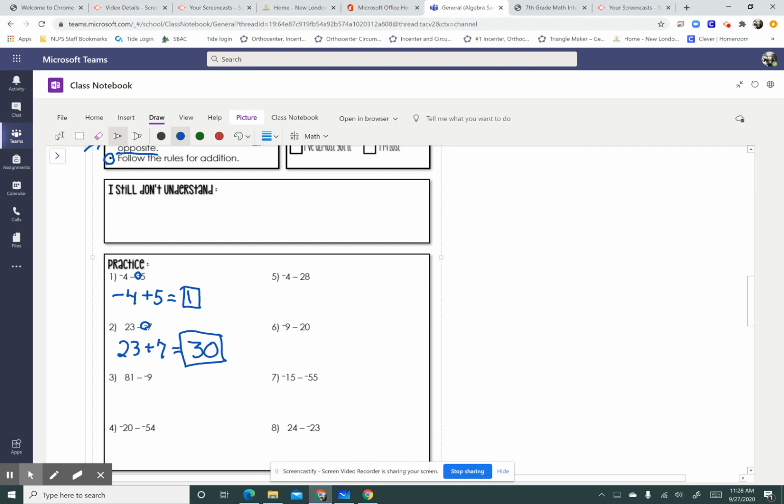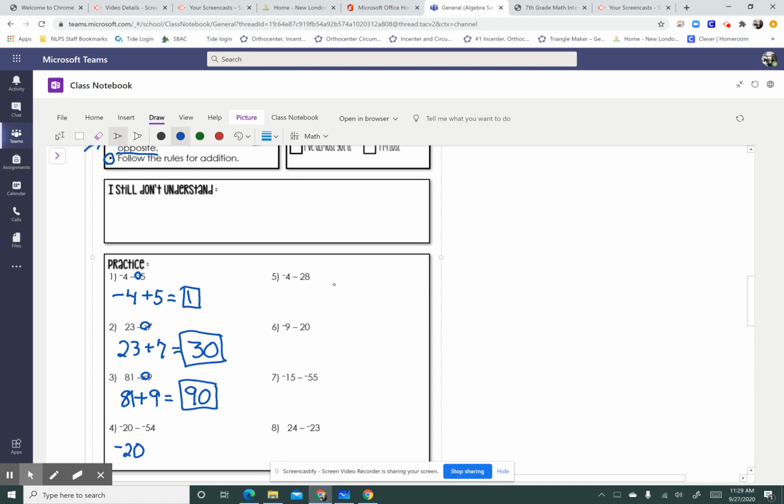In our next example, we have 81. We will change the subtraction to addition, and we'll change this -9 to a +9, and 81 plus 9 equals 90. In number 4, we start out with a -20.